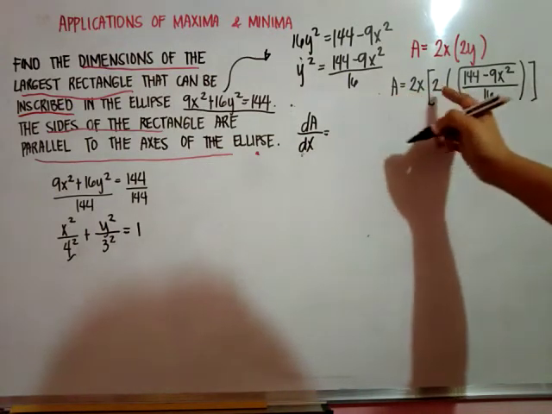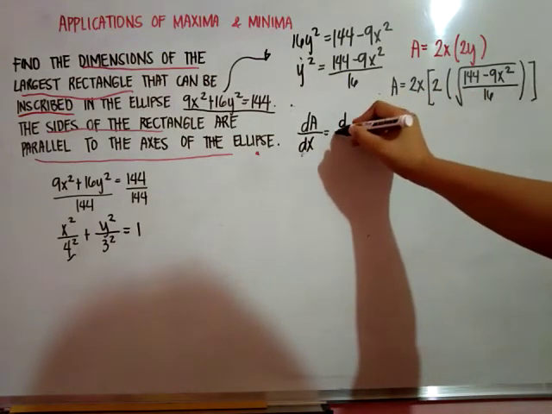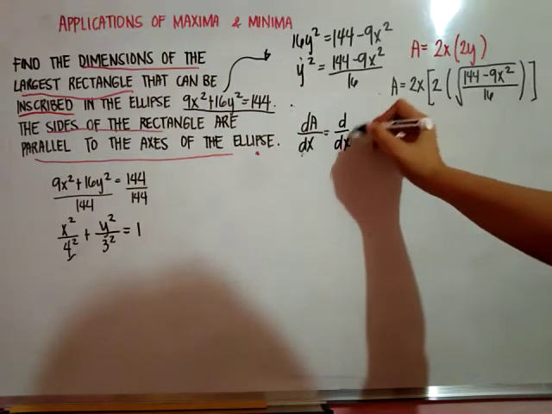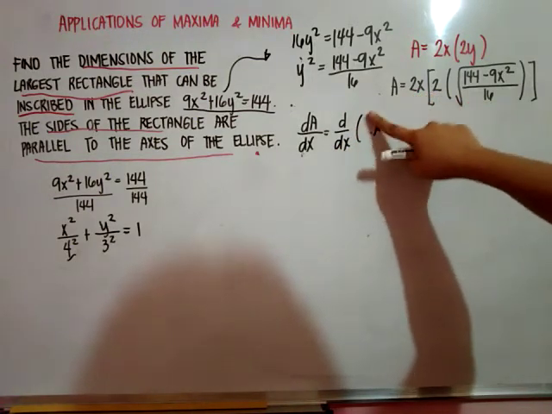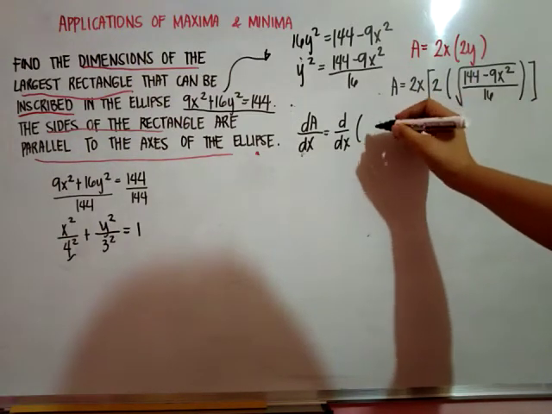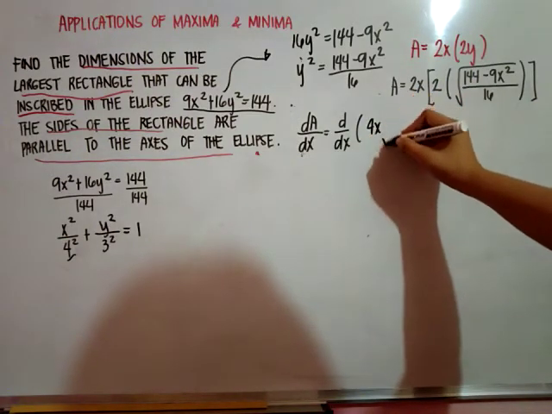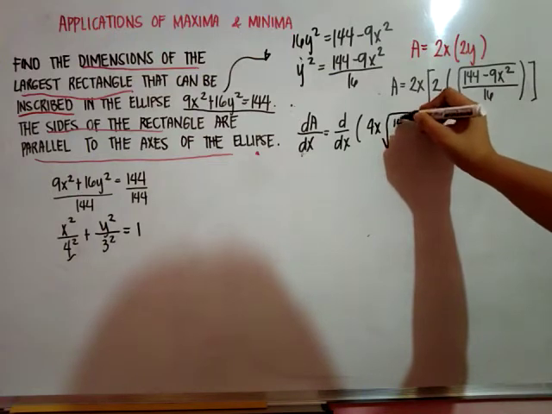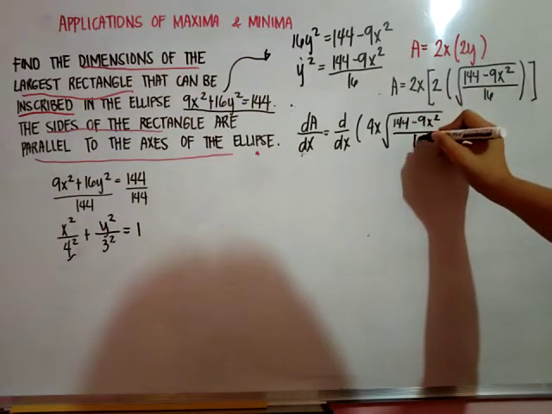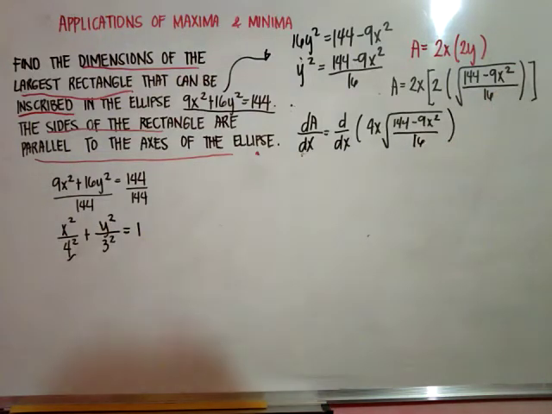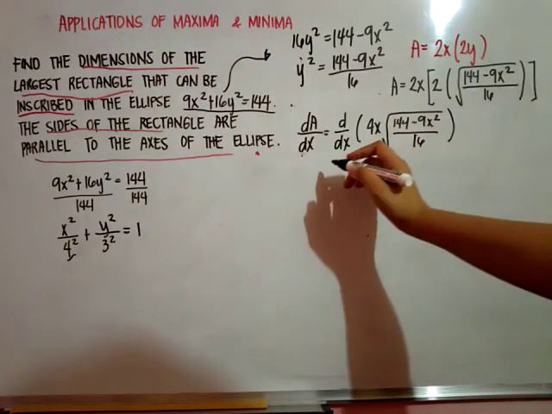So, we have the derivative of this term. We have 2x. Let me simplify this. So, we have 4x times the square root of (144 minus 9x squared) divided by 16.